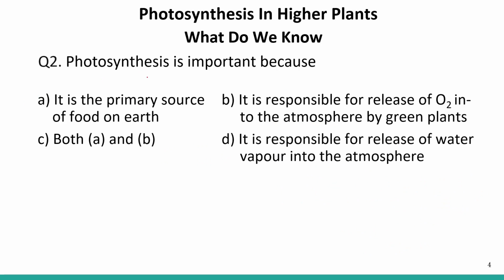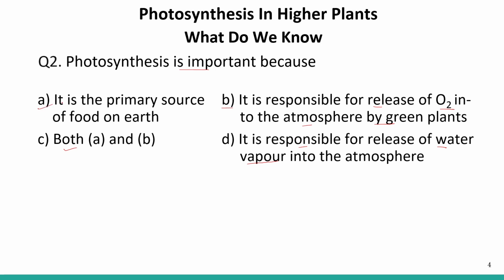Now let's move on to the next question. Photosynthesis is important because it is the primary source of food on earth. Second option, it is responsible for release of oxygen in the atmosphere by green plants. Third option is both A and B. And fourth option is it is responsible for release of water vapor into the atmosphere.